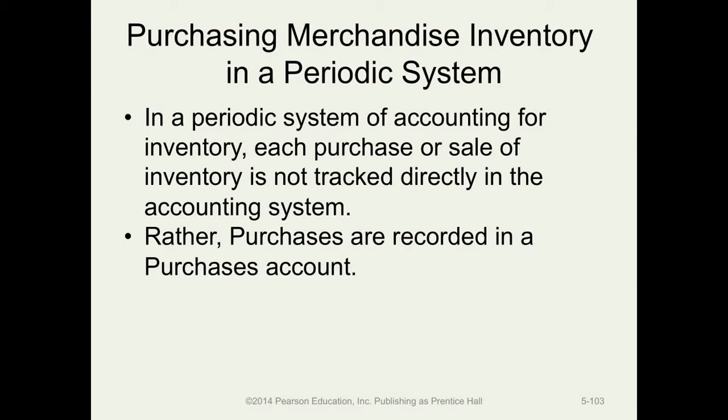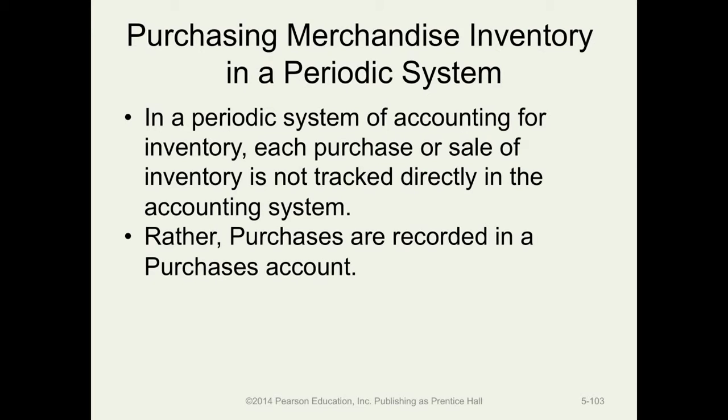In a periodic inventory system, as I said earlier, each purchase is not recorded in the inventory account. In fact, the only balance in that inventory account until we make our period end adjustment is the beginning balance from the prior period. So the ending balance of last year becomes our beginning balance this year in inventory, and that's it.